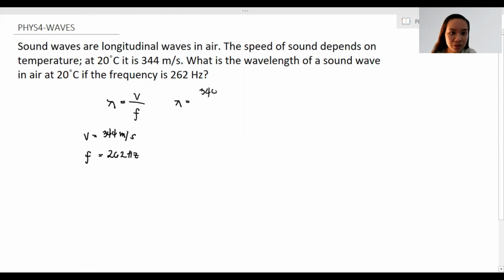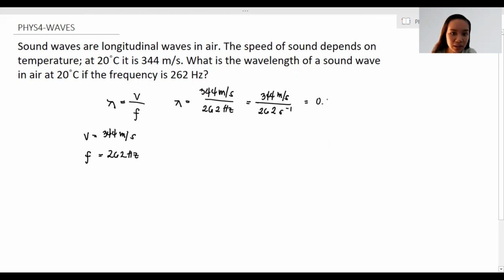We have here 344 meters per second divided by 262 hertz. Or we can use the other unit for hertz, which is second raised to -1. So seconds here will cancel out, and then we will be left with meters.